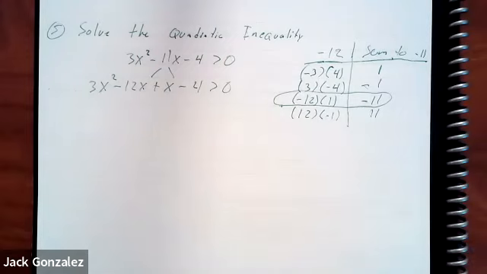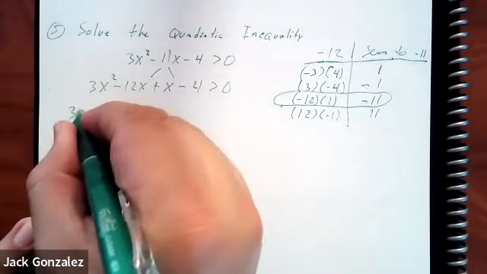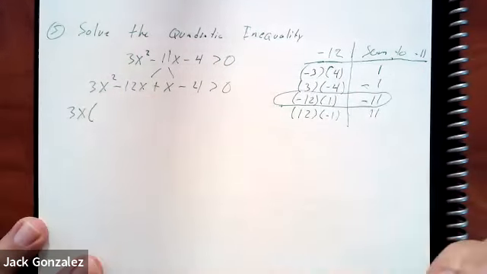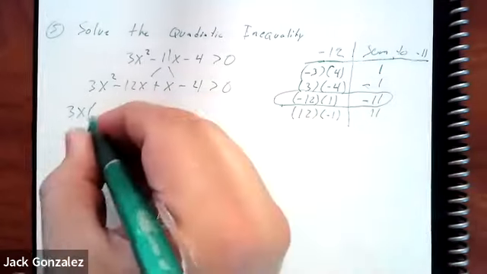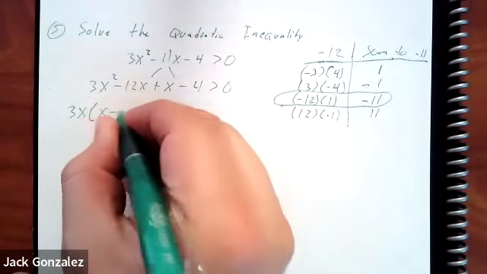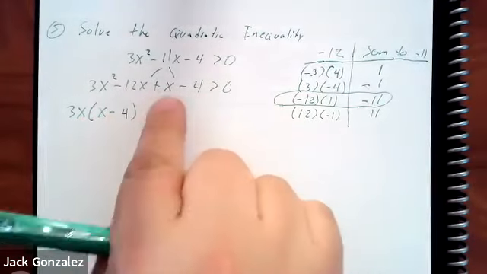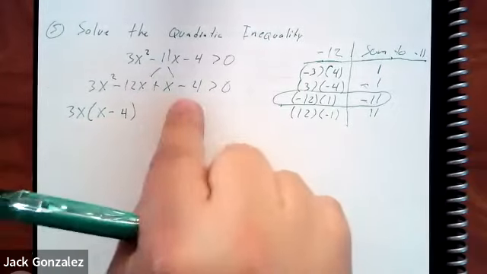X and what else? So factor 3x from the first two terms. What do you have left when you factor them? Yeah, x minus 4.